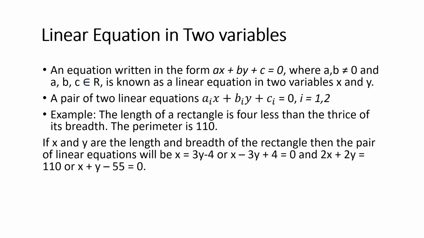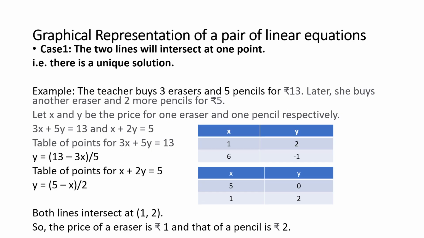Then the pair of linear equations will be, first of all, length x is equal to 4 less than thrice the breadth, meaning 3y minus 4, or x minus 3y plus 4 = 0 will be the first equation. And the perimeter is twice the length plus breadth, meaning 2x + 2y = 110, or in simplified form x + y - 55 = 0.